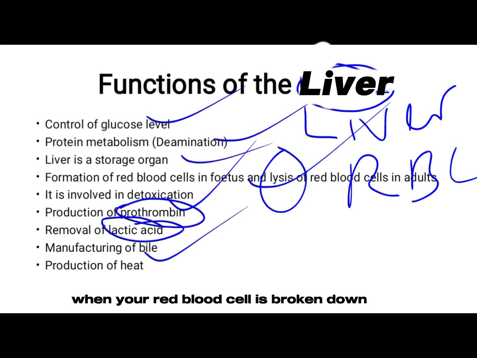So when the red blood cell is broken down, the hemoglobin part of it is converted to bilirubin, and that substance is very toxic. So it is converted to bile plus other minerals and products of metabolism. So that is how the liver helps to manufacture bile. Now you have a lot of other functions that the liver performs.